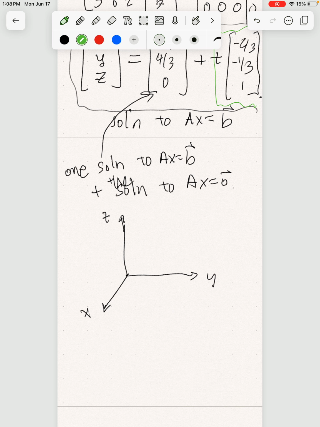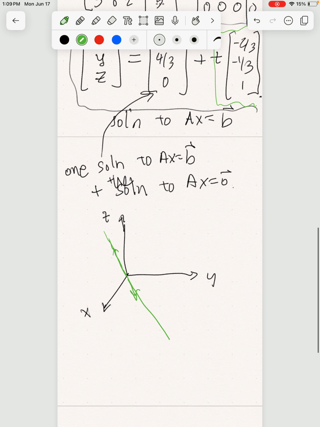So that might look something like this. That's the vector, and then all scalar multiples of this. And it's a line through the origin. That's all the vectors on this line. Those give me the solutions to Ax equals 0.